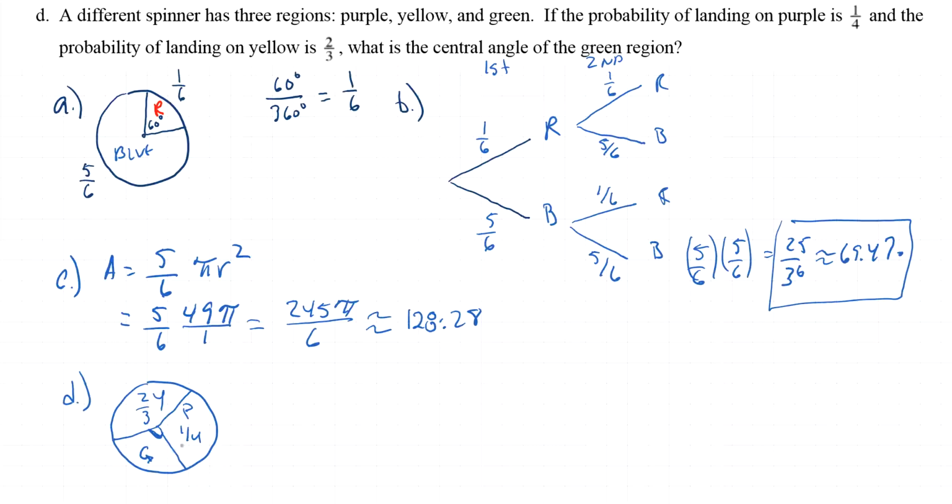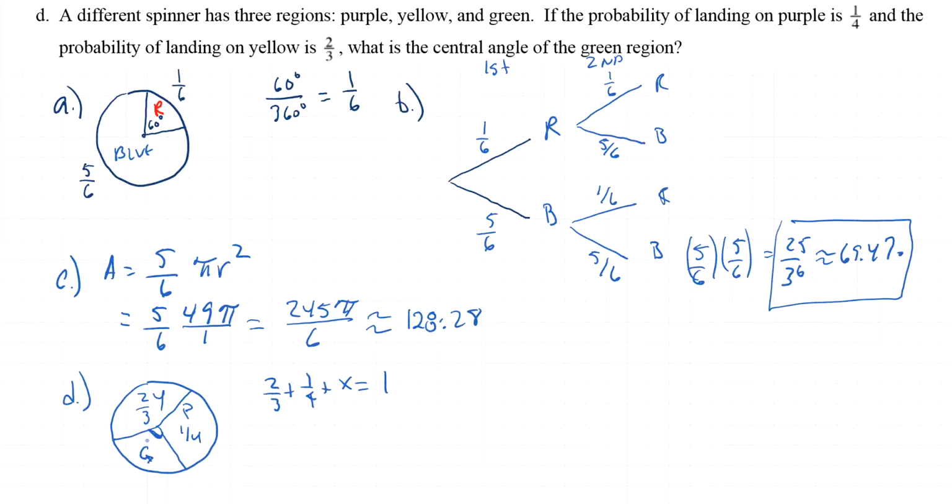So in our spinner, what do we know all of these have to add up to? If we look at our first example in A, 1/6 and 5/6 add up to 1. So these all have to add up to 1. So basically you take 2/3 plus 1/4 plus, we'll just call it x, equals 1.